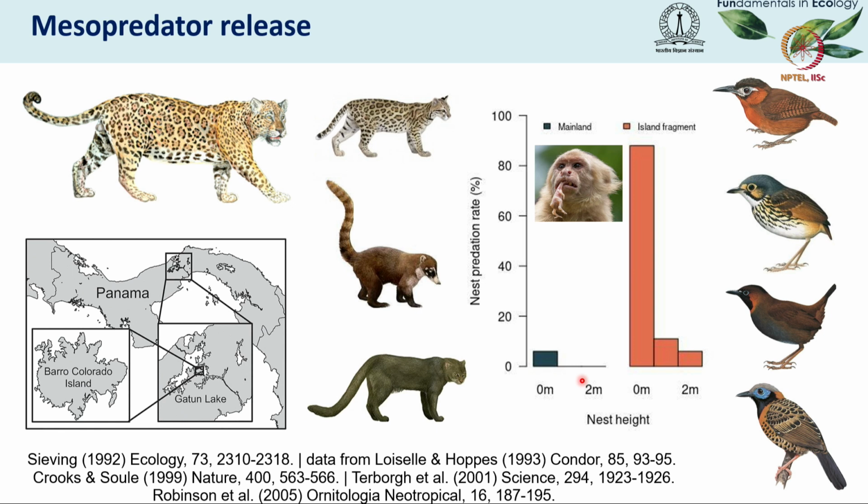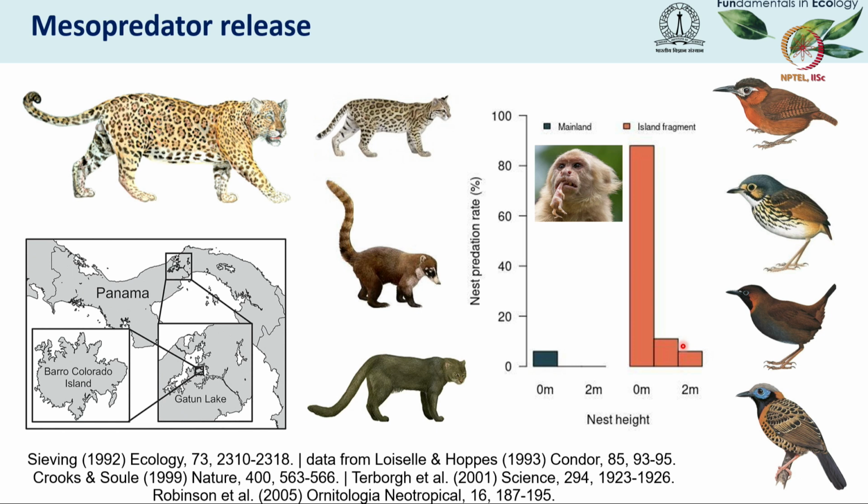On the mainland, where the jaguar is present and keeping mesopredator activity low, there's only about 5% predation on nests that are on the ground. But if you remove the jaguar and the activity of these predators increases, then on the fragment about 90% of the nests on the ground are being predated upon. And then you have some nest predation that you did not have on the mainland, on nests that are 1 meter and 2 meters above the ground.